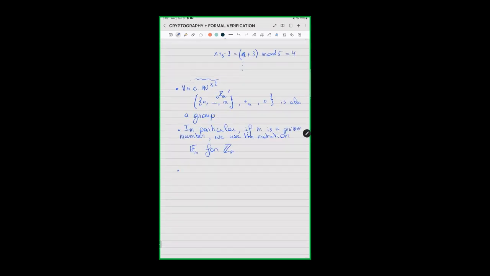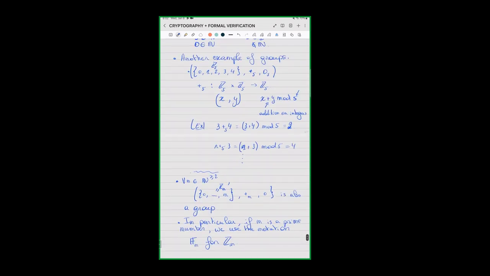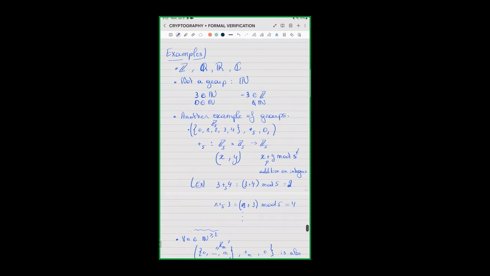Another kind of group. Just to make sure, the reason why the naturals are not a group is because there isn't an inverse element, right? Yes, exactly, an opposite, or even just an inverse.